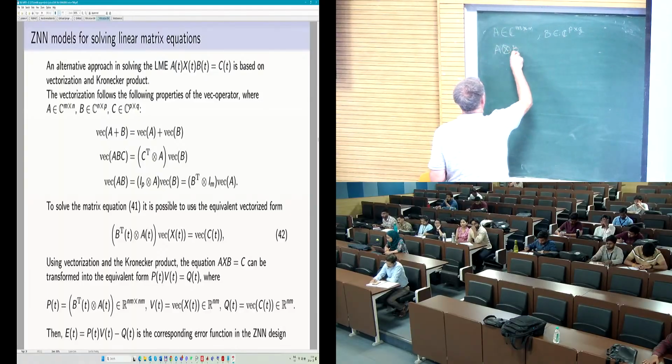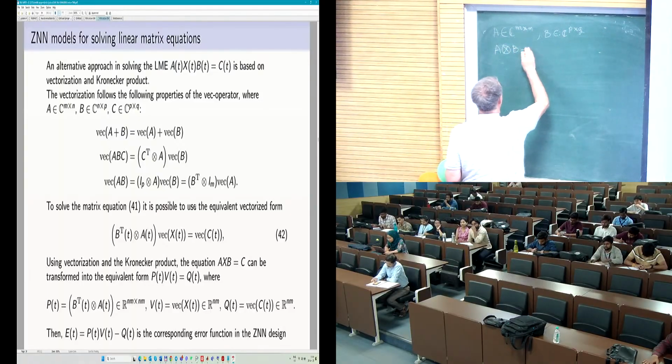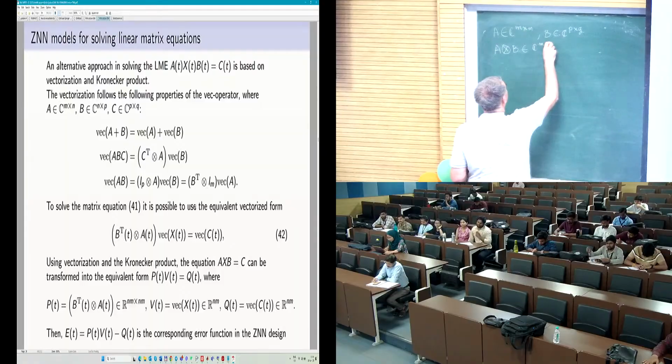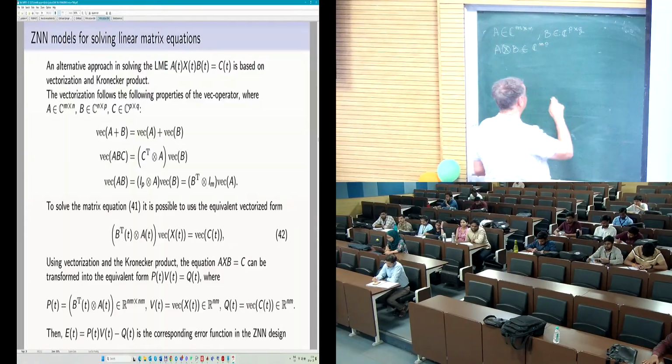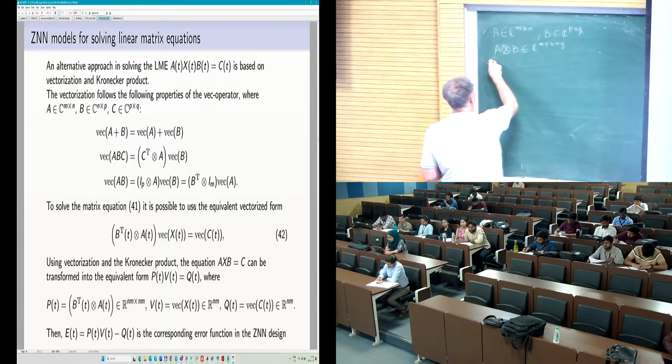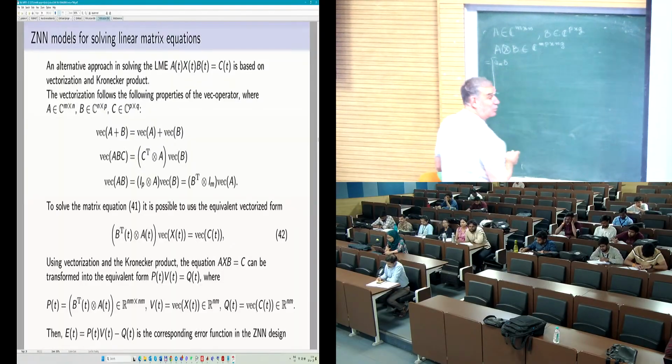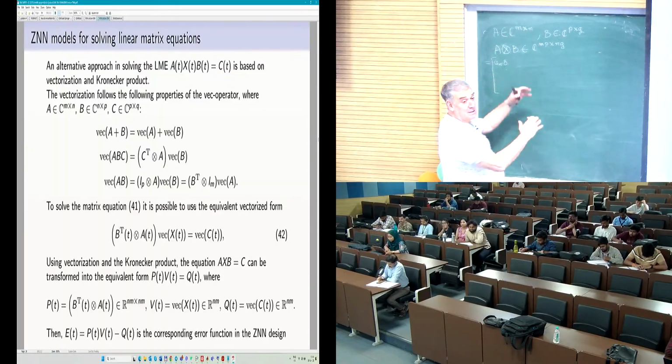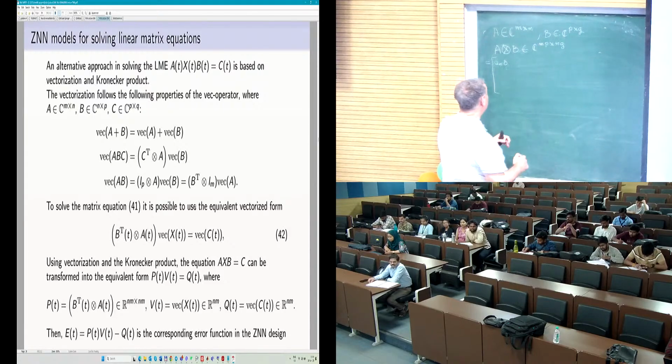The Kronecker product of A and B is of order mp times nq, and it is defined as matrix A11 B. It is practically a block matrix because B here is a matrix, and we can expand this block.